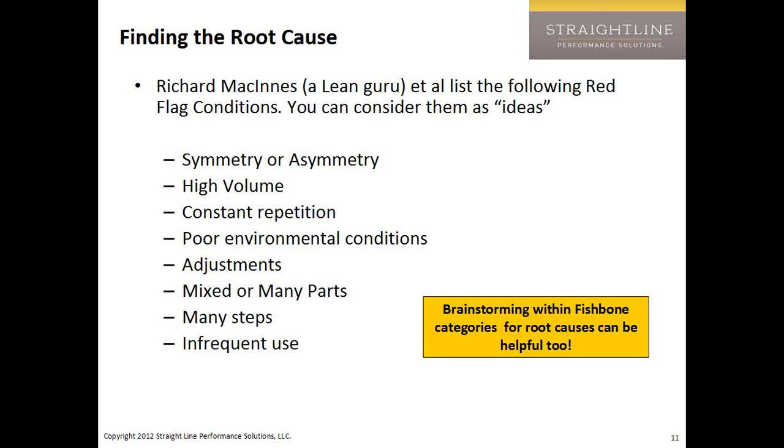Or I could limit the amount of time that they're able to do this one particular job, or the number of pieces, or whatever, and so forth. Poor environmental conditions, lots of adjustments, mixed or many parts, many steps, infrequent use. So anytime you see these, they should be a red flag that errors are probably going to occur if you have people doing it, and it should give you an idea for how you might fix it.